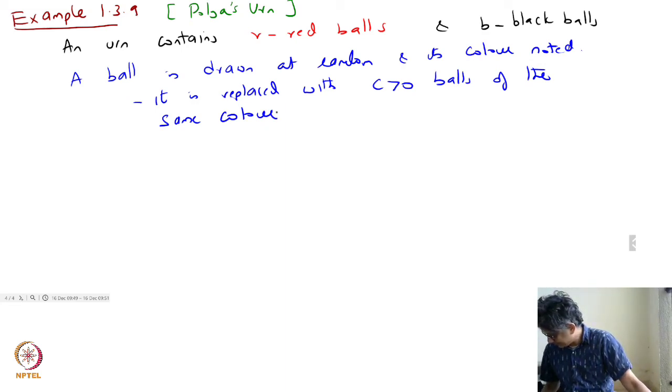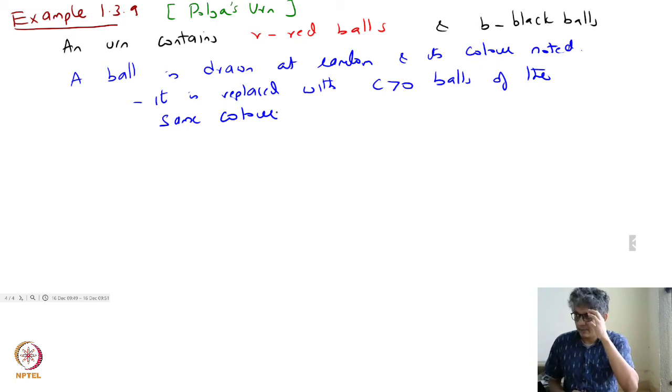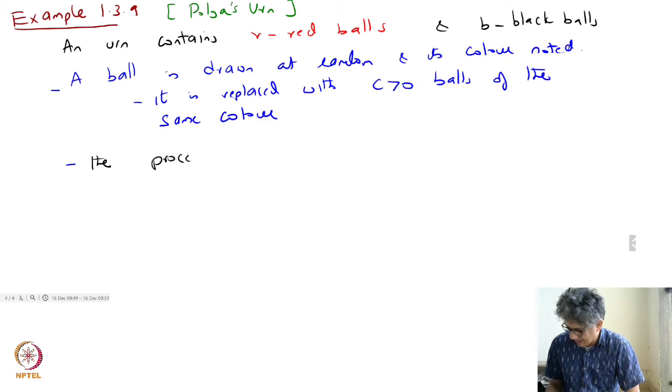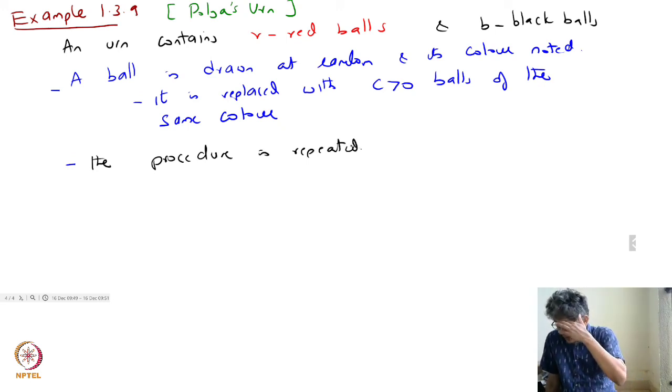Is that clear? So then this is step one. Then you repeat this step. The procedure is repeated. Each time you pick a ball, you note its color down, and then you replace the ball with C balls of the same color.